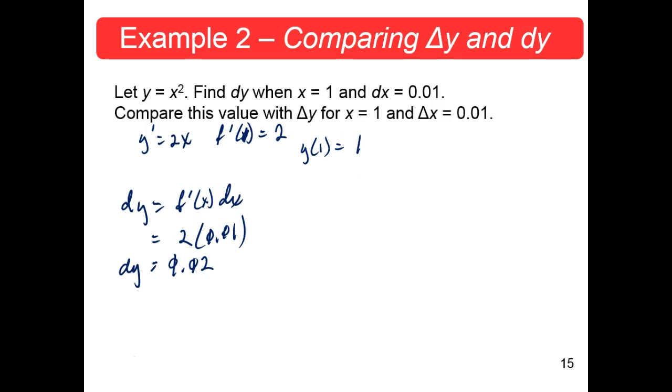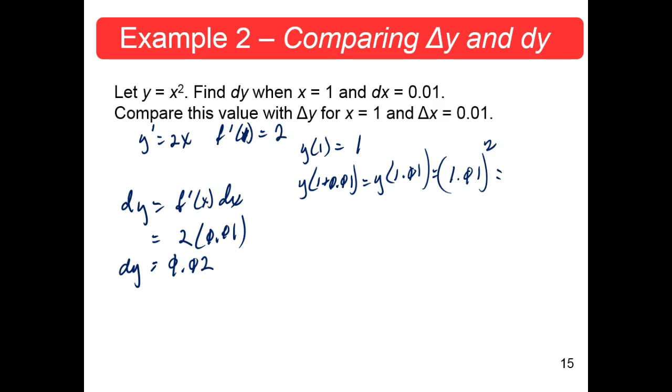And then think of it when your delta x is added, so y of 1 plus 0.01, which would be y of 1.01, is 1.01 squared, right?